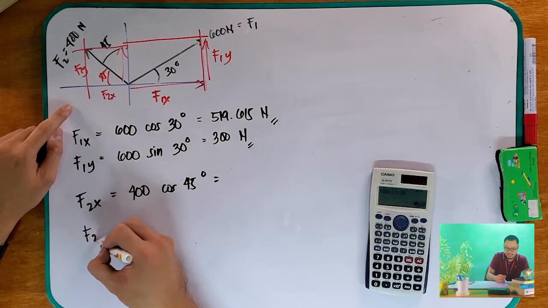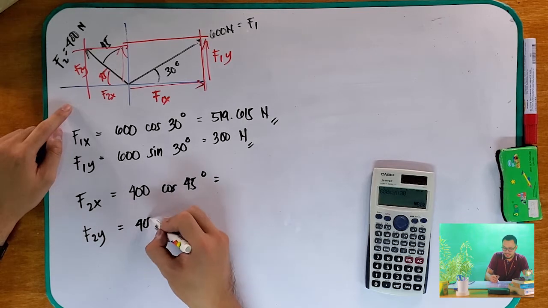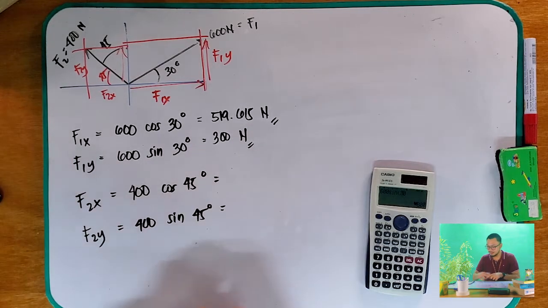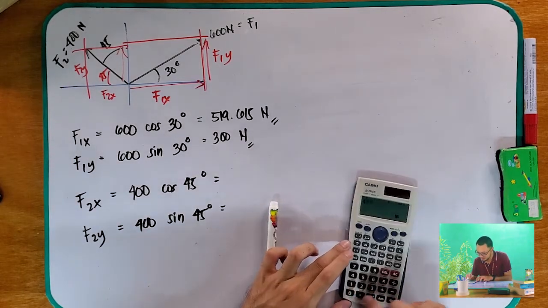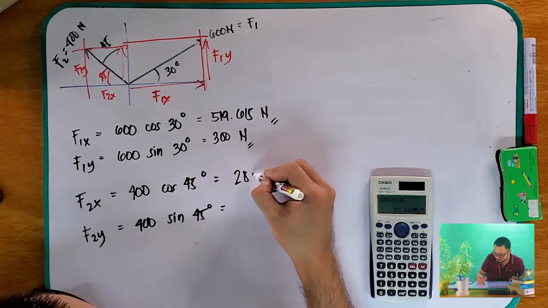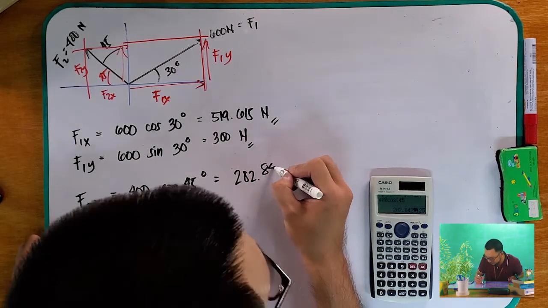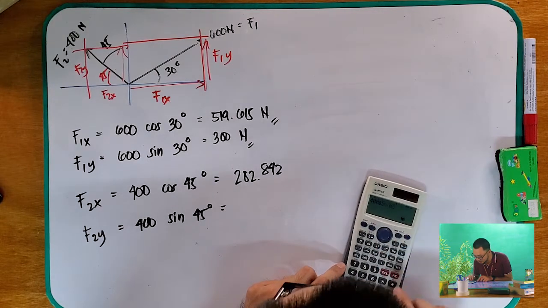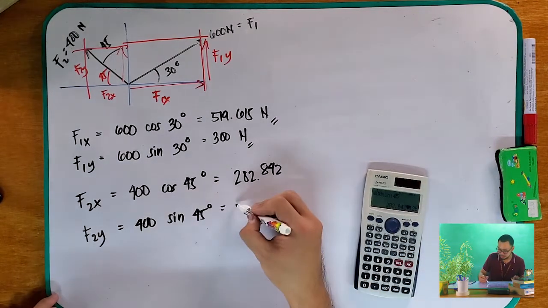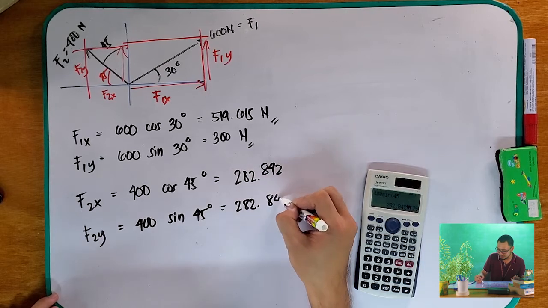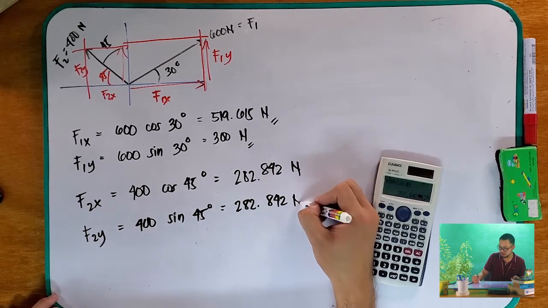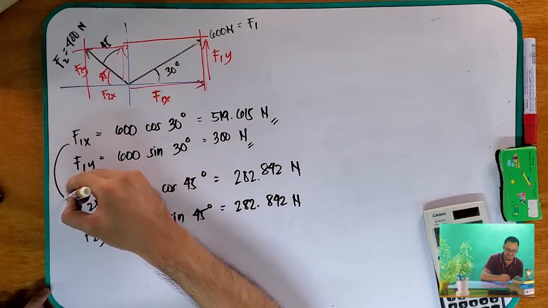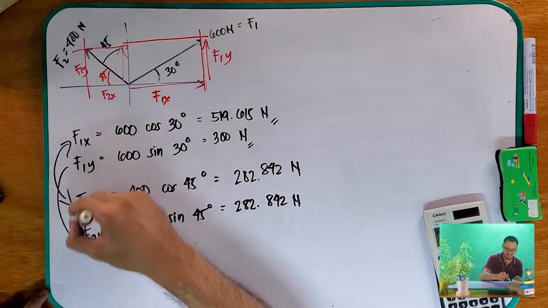And ang atong F2y equals to 400 sine of 45 degrees. So, probably they have the same answer. 282.842. Sakto. 282.842 newtons. Now, to get the resultant, you have to add the x's and the y's.